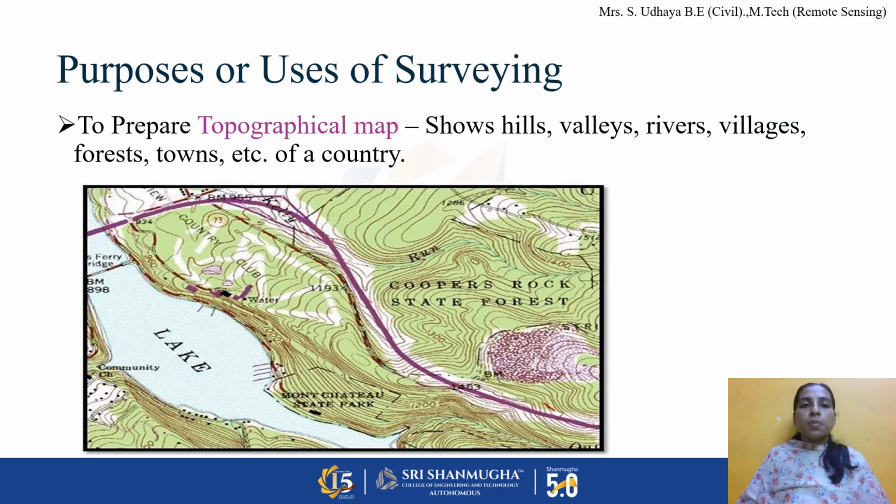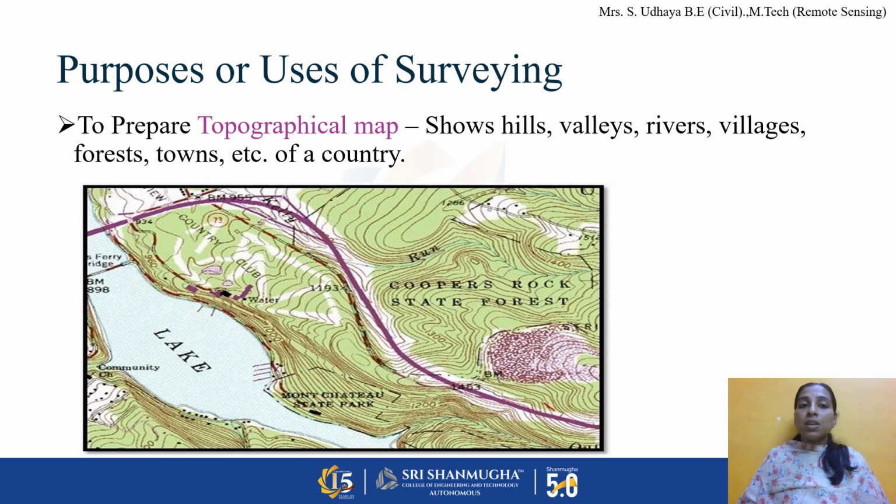Now coming to the purposes of surveying, the uses. Surveying is generally used to prepare various kinds of maps. There are different types of maps available, and we can prepare all types of maps by doing surveying. We will discuss a few types here. The first one, we can prepare a topographical map.